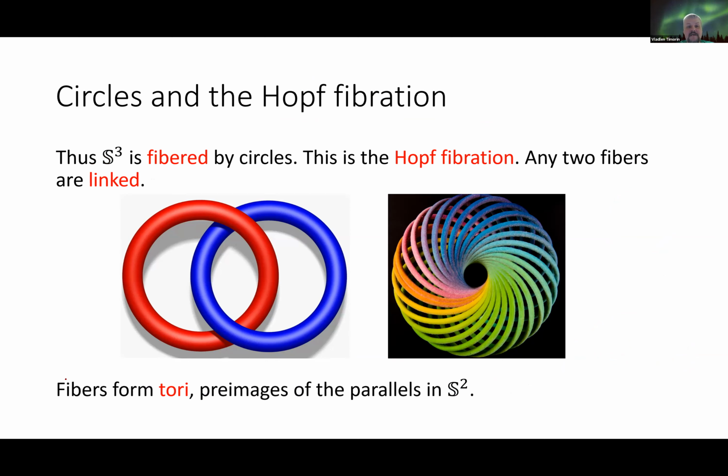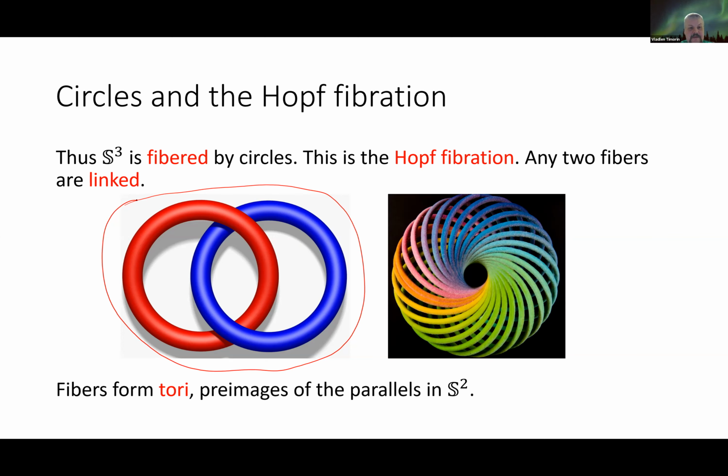But it's interesting that any pair of such circles is linked. They're like this. So you have two circles that do not cross, but that cannot be pulled apart without a crossing.